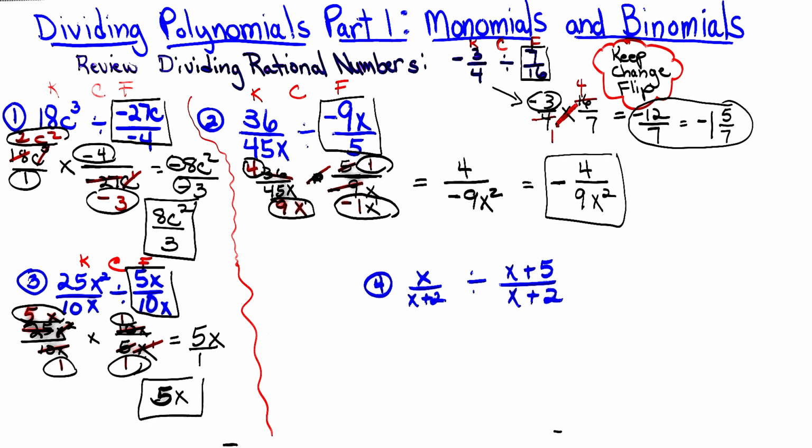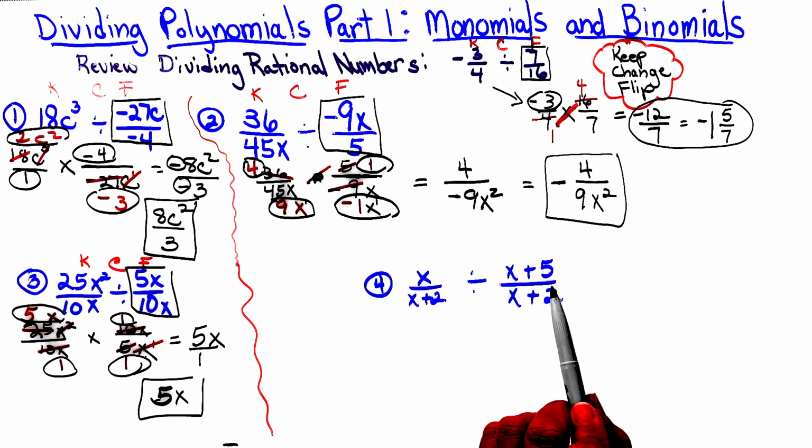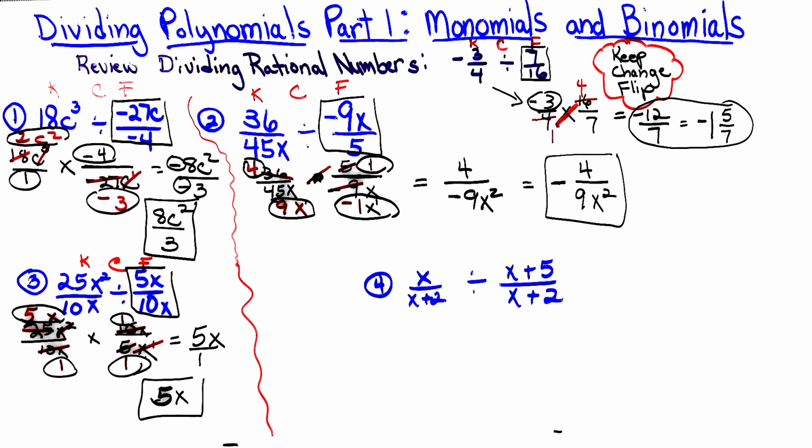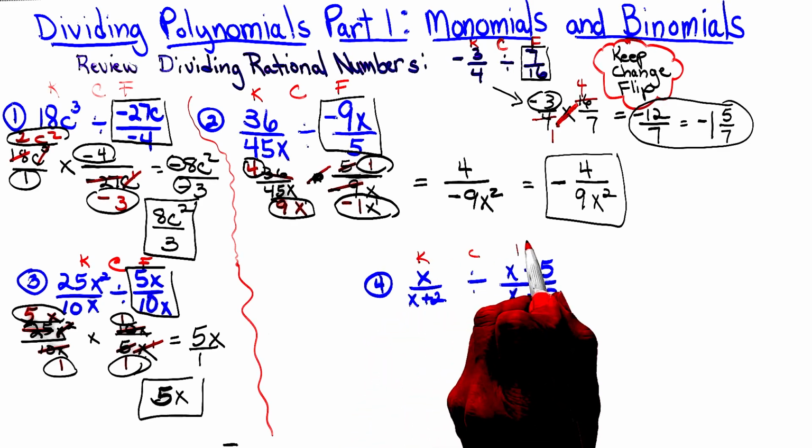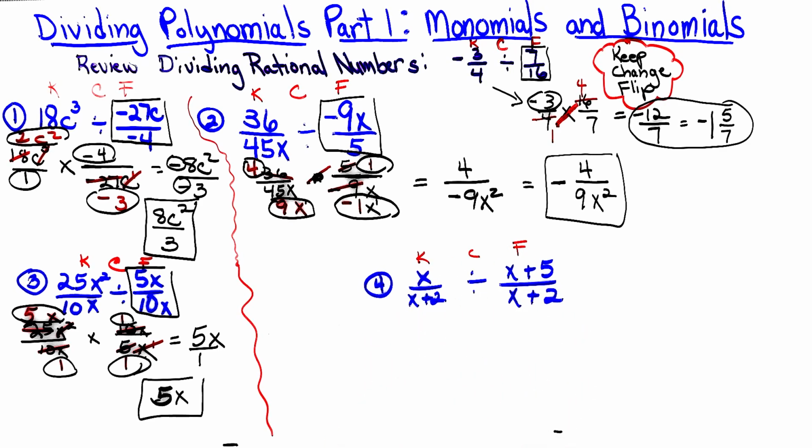Now we're getting to our next problem, where we have a monomial and we have binomials. But not to worry, because we're going to be thinking about this x plus 5 as being just a factor. So let's do our keep, change, and flip notation.